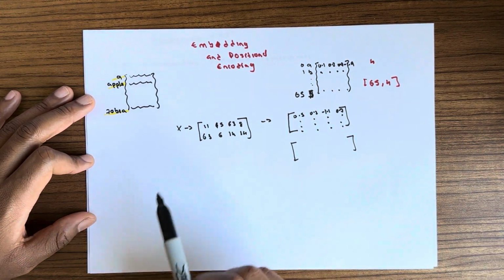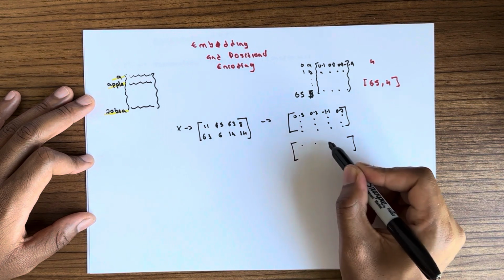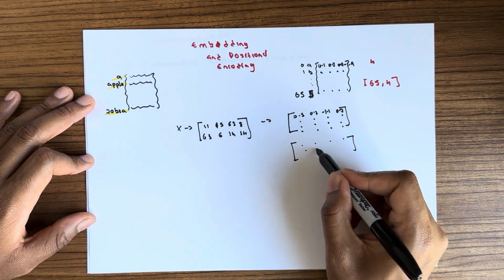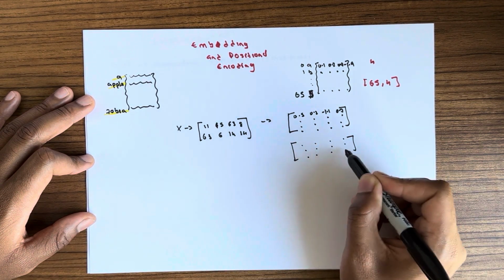Similarly, 63 has an entry of size 4. 6 has an entry. 14 also has an entry.